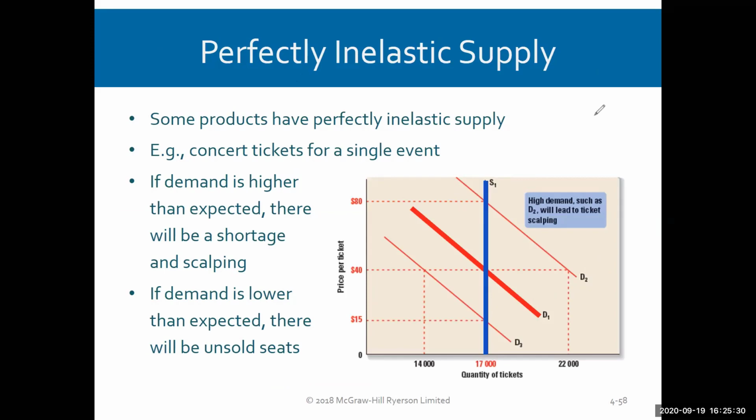Okay, let's look at a case of perfectly inelastic supply. This supply is perfectly inelastic because it's straight up and down, it's vertical. It happens to be for concert seats, so you can picture the Saddledome where there are only so many seats available. That's it, no more, no less. It's kind of like the salmon fishing example I mentioned in the previous slides.